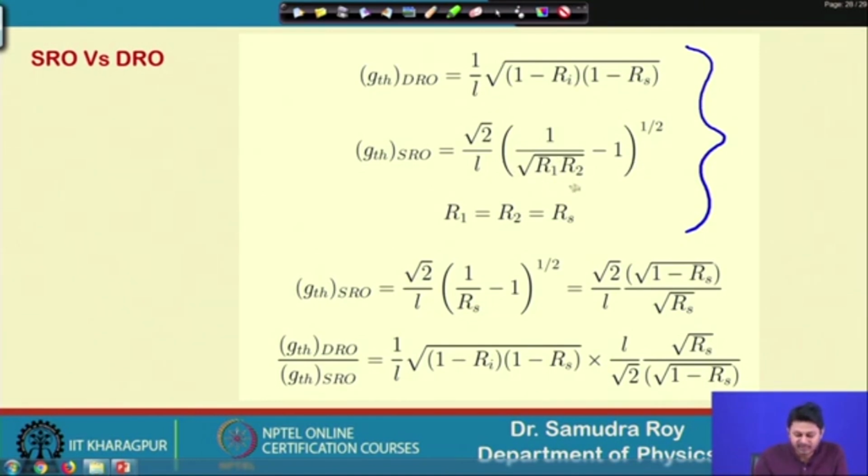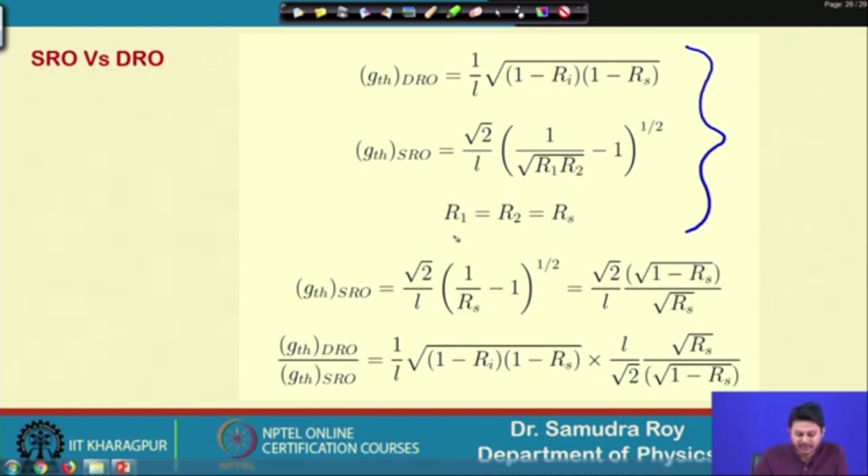In this case we can see that RI and RS are nearly equal to 1, so I can simplify, but our goal is to find the ratio of the threshold values of DRO and SRO. So now we are going to simplify this.